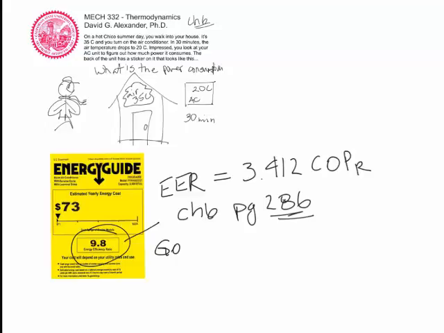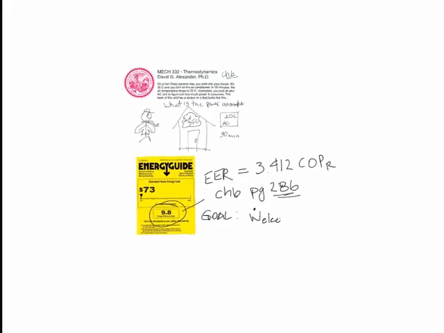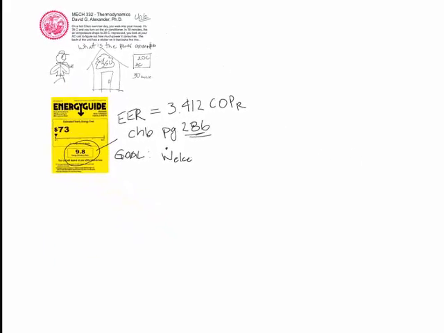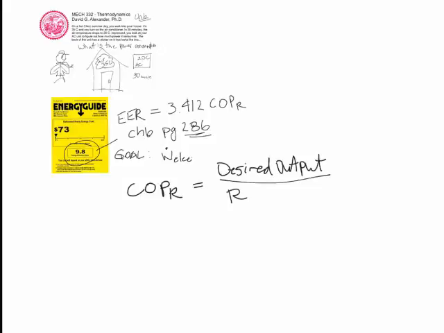So we keep in mind that our goal is the rate of work. Okay, so we're getting smaller and smaller here. If we want to figure out the rate of electrical work into our refrigeration unit, we do have a relationship that relates the coefficient of performance for a refrigeration unit, which is defined as the desired output over the required input.